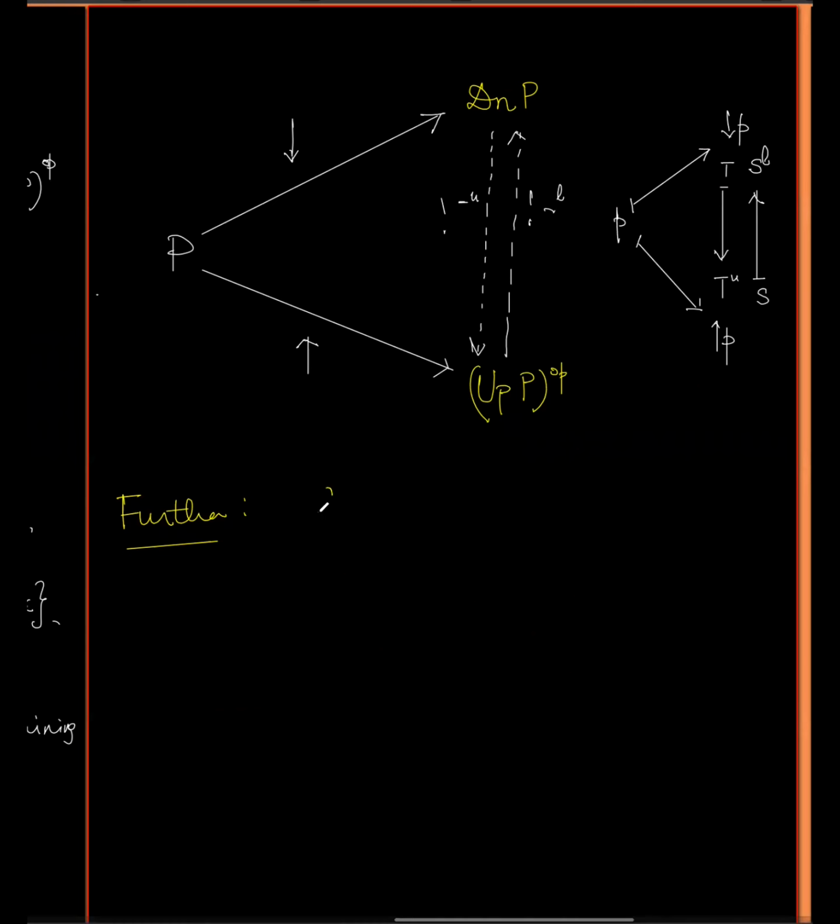S is a subset of, let's see. So T is a subset of, so what does this mean? Well, this means that T belongs to T implies T is in itself.